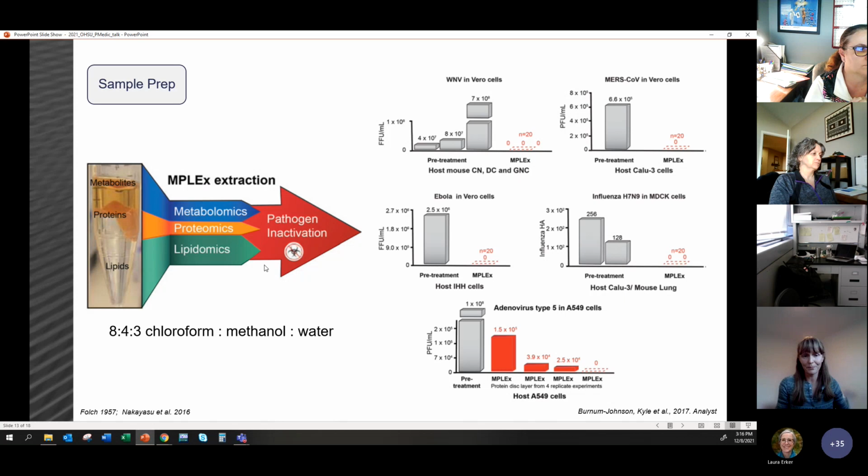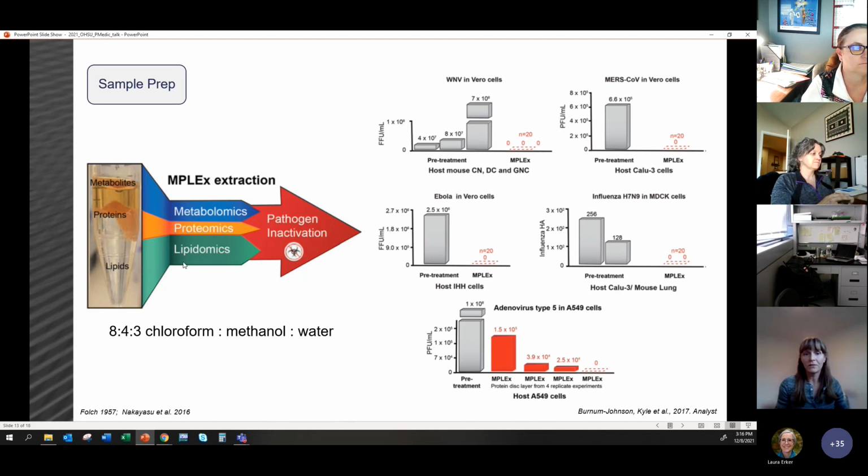So this method is great for global metabolomics. It's really beneficial if you want to look at different omics materials within the same sample, which decreases variability, but also if you don't have much material, we can do quite a few things with one sample.